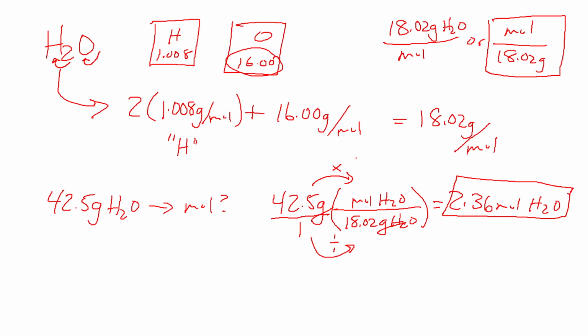So you can absolutely add up all the parts for a formula and you'll get what you need in terms of the periodic table and the molar mass, which is a conversion factor. So again, our molar mass is our conversion factor to go from grams to moles and moles back to grams.